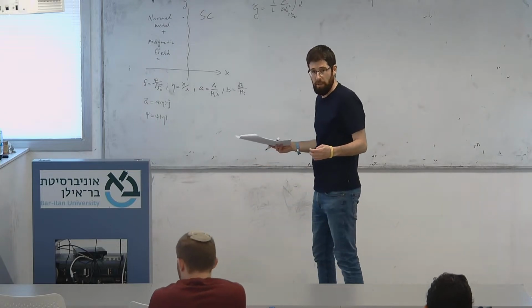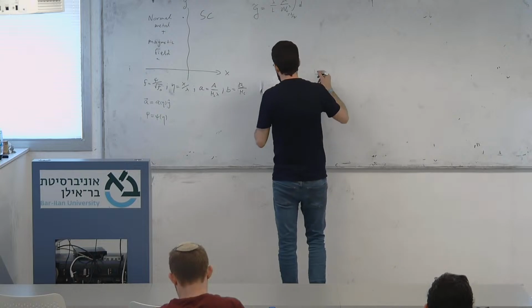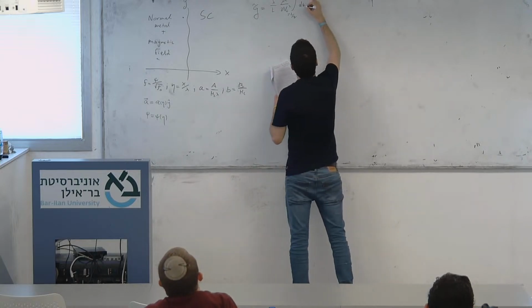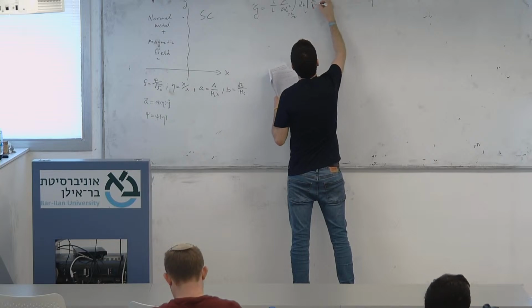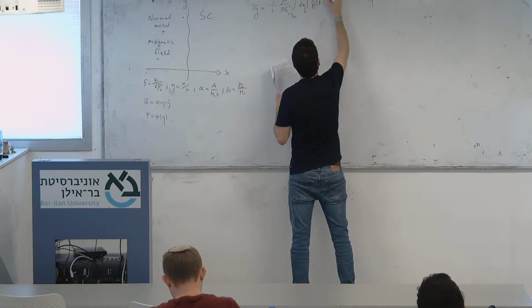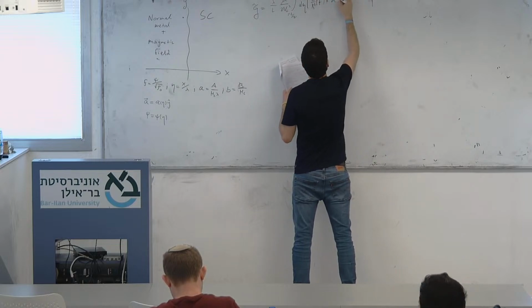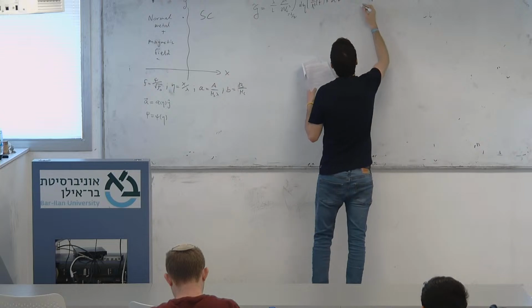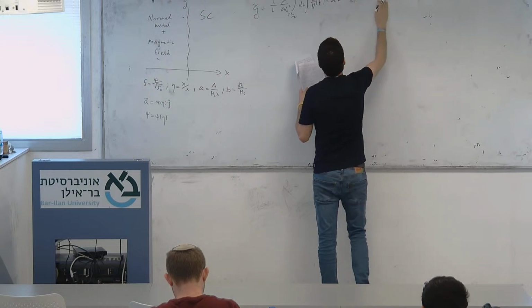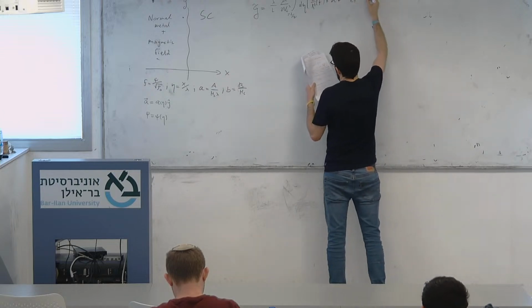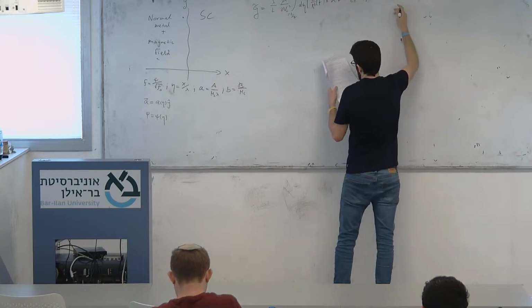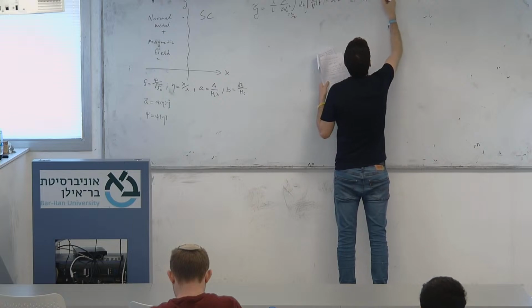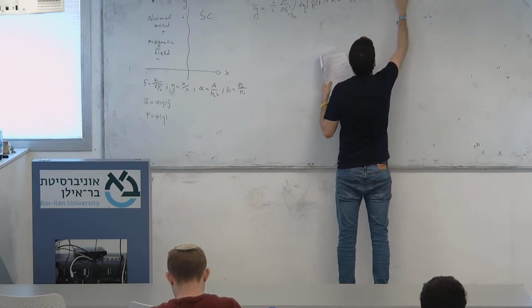It's called surface tension. So the surface tension in this case is 2 over kappa squared f prime squared plus a squared f squared minus 2 f squared plus f to the fourth plus a prime minus 1 squared.